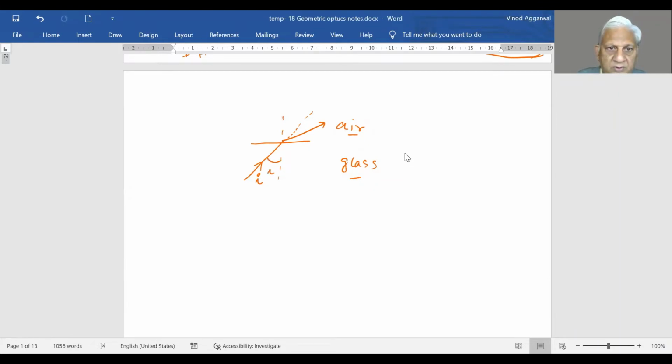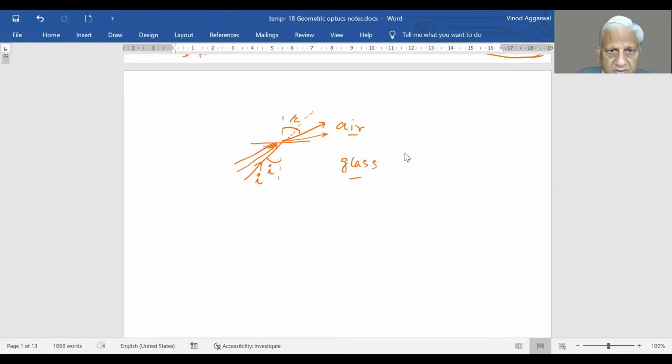This is our angle of incidence, and this is our refracted angle. Now what happens if you increase this angle? The refracted ray will be like this.